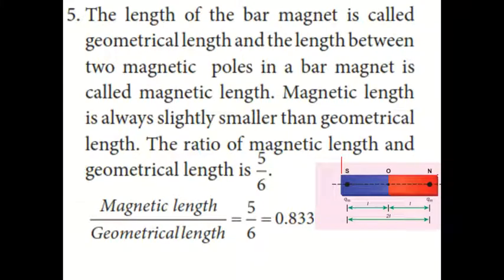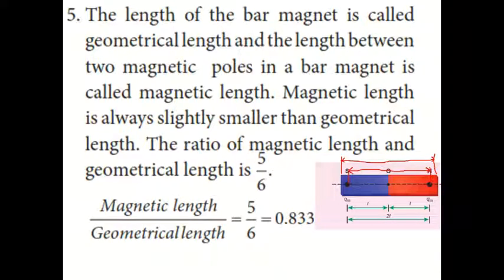The distance between south and north pole of the magnet is called magnetic length.